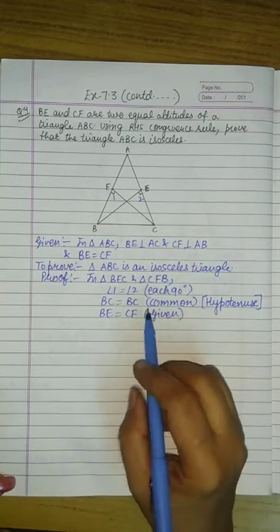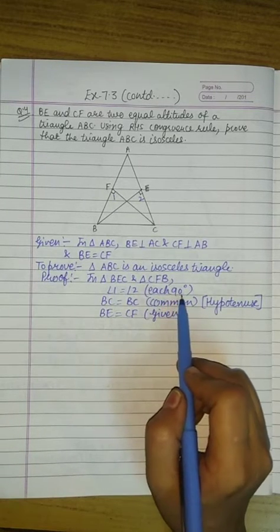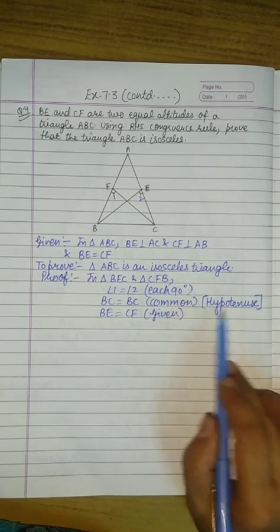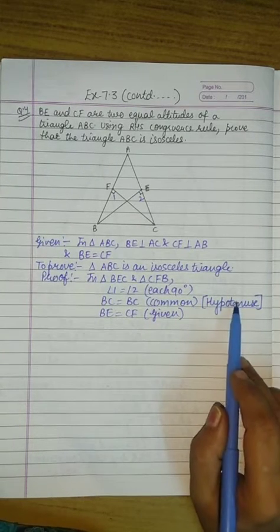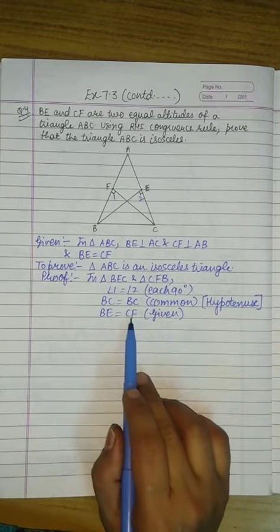So by using RHS congruence criteria, R means right angle, which we have in these two triangles. Then BC is equal to BC common, that is hypotenuse, that is H, and S is the side which is given equal, that is BE is equal to CF.